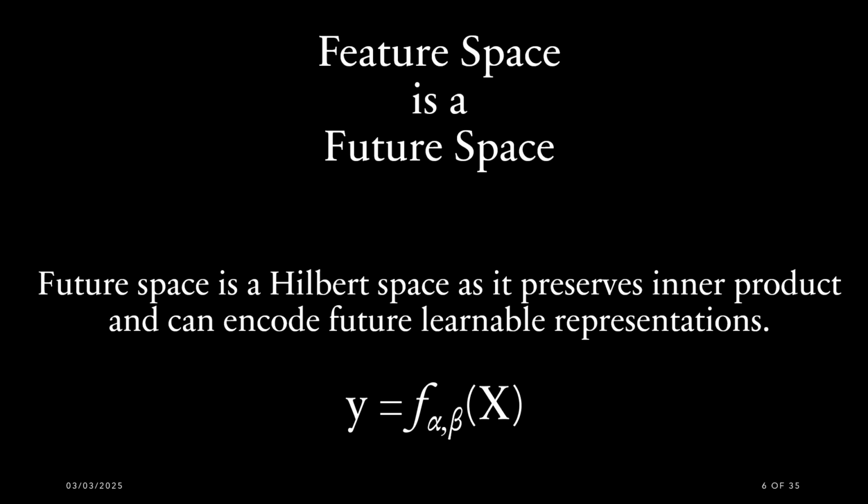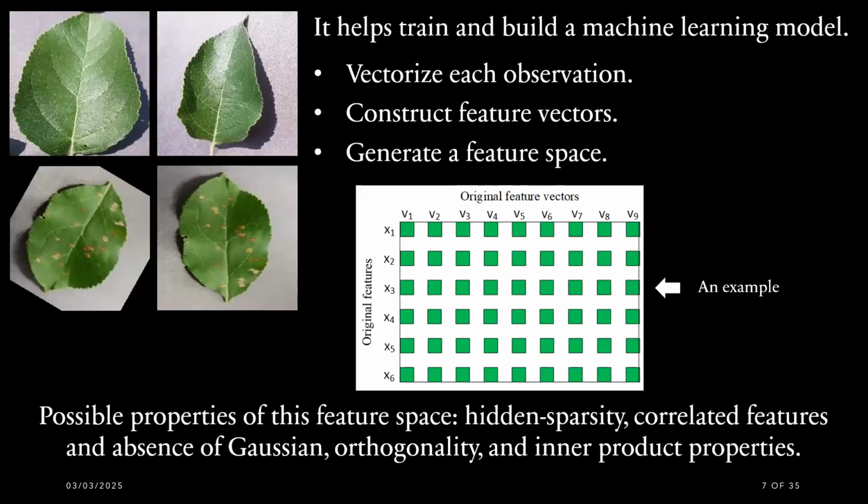Can we keep representing to learn when the new data set is coming? The beauty of what I'm going to talk about is that it preserves the inner product of observations, the inner product between the feature vectors. Therefore, it's applicable in a Hilbert space. We can apply distances, angles, directionalities, and things like that.